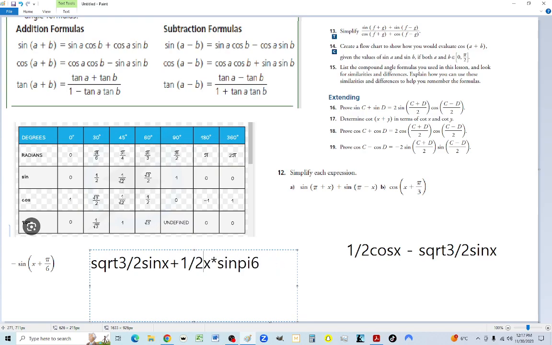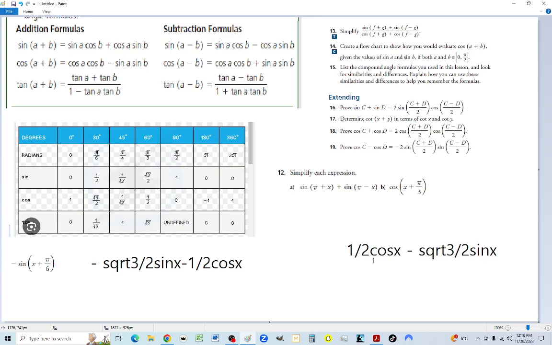And remember that this all has a negative in front of it, like in brackets. That's how you should treat the negative anyway. Which means it becomes negative square root of 3 times sine x, negative half cos x. And notice that we get a half cos x minus square root. Oh, should that have been a plus?